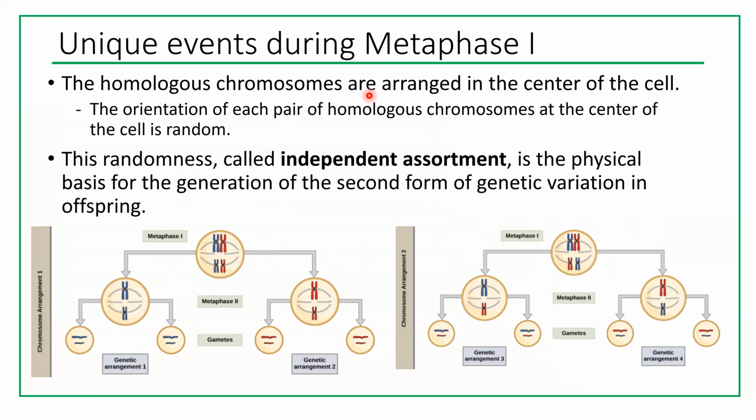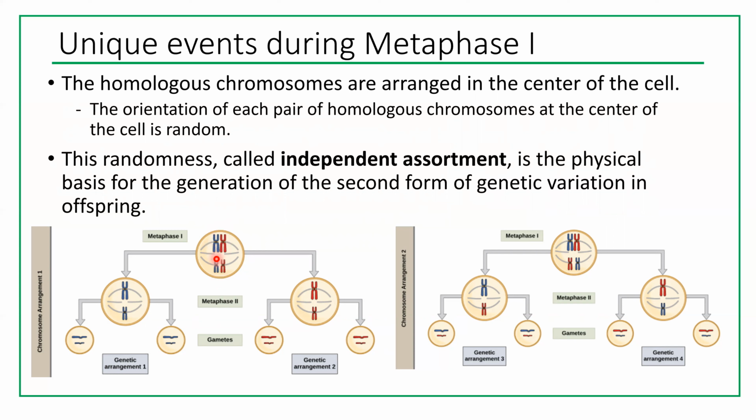The homologous chromosomes are arranged in the center of the cell. The orientation of each pair of homologous chromosomes at the center of the cell is random. So now look, in metaphase, it's not single chromosomes but the pair of chromosomes, two homologous chromosomes, those tetrads, that are arranged in the middle.